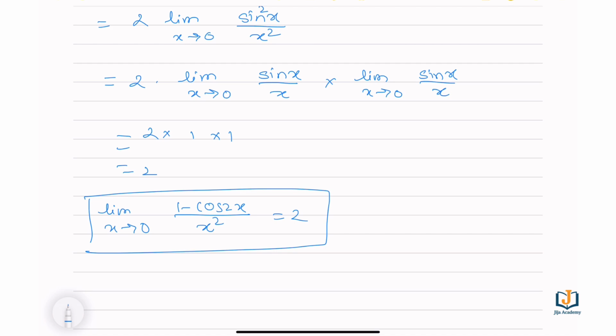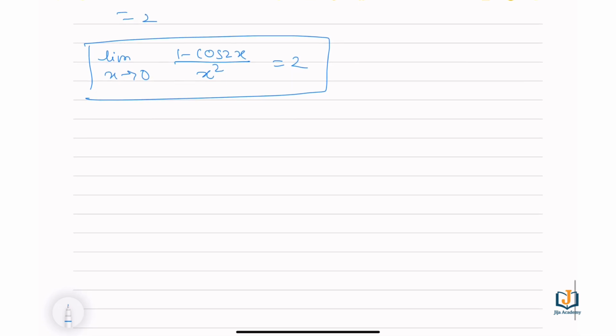Moving to the next problem. Next problem is limit x tends to 0, 1 minus cos 2x divided by x.